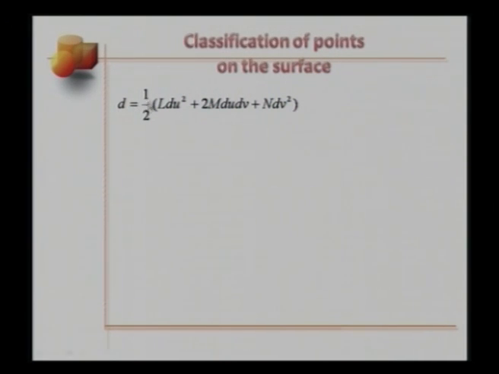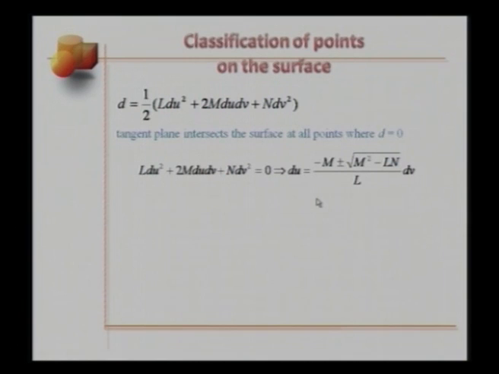So D is equal to half of L du squared plus 2m du dv plus n dv squared. If a tangent plane would intersect a surface, it would do so at all points where D is 0. That would mean that L du squared plus 2m du dv plus n dv squared is equal to 0.